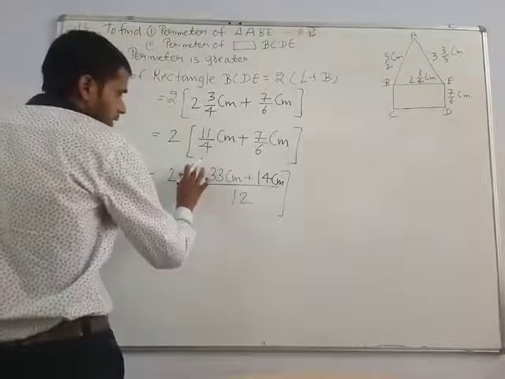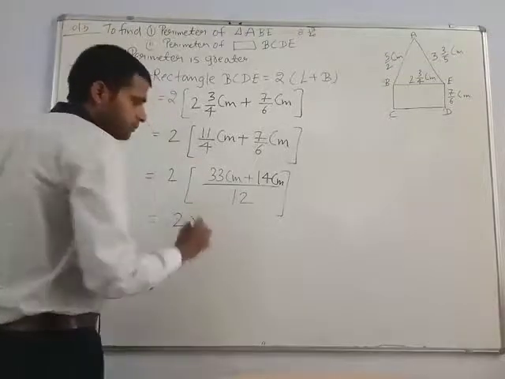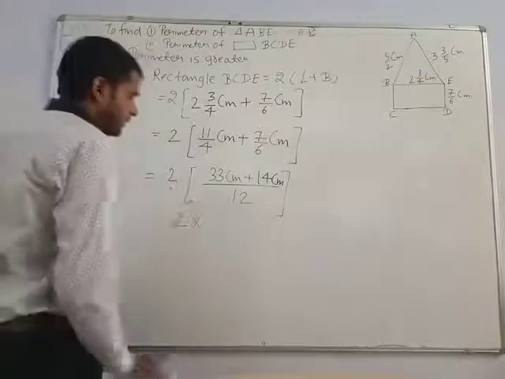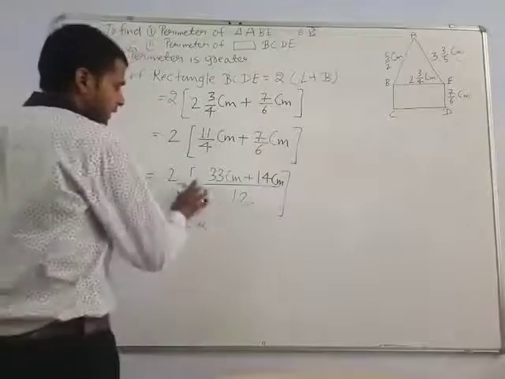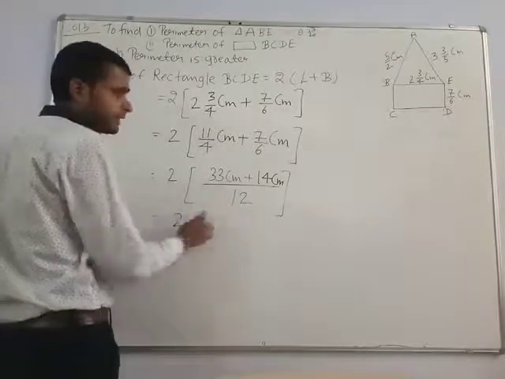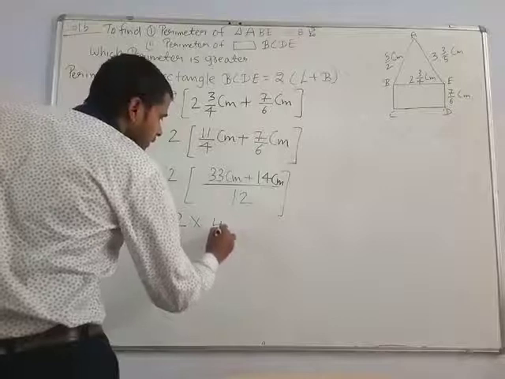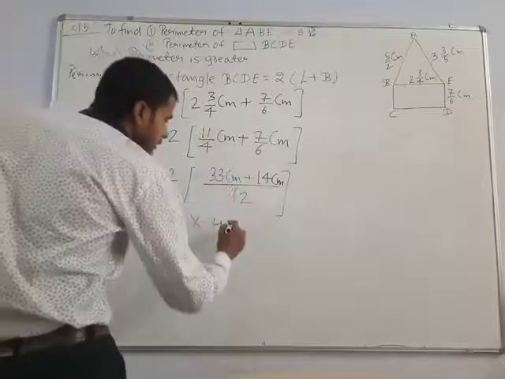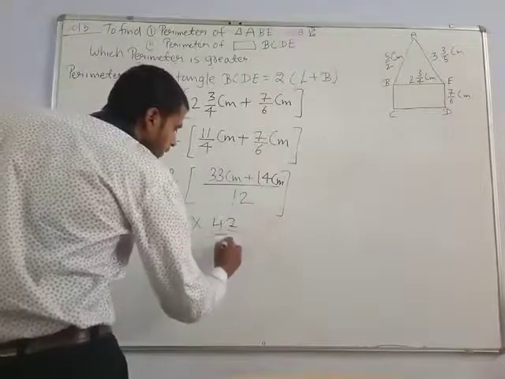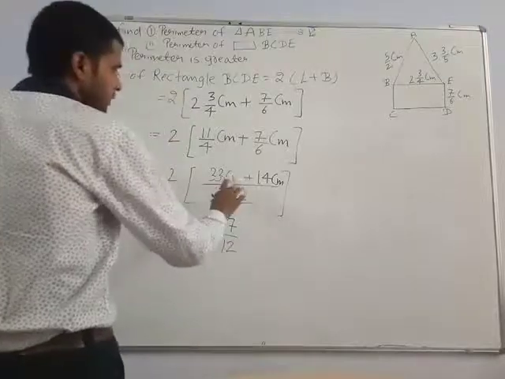When the bracket is removed, you have to put the multiply sign, and 14 plus 33 is 47 upon 12.